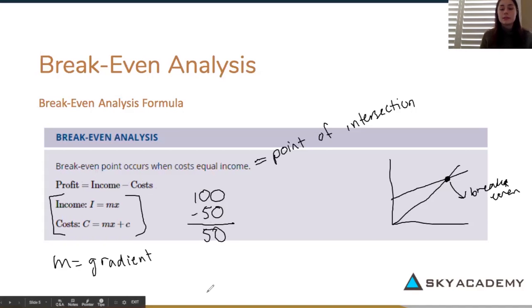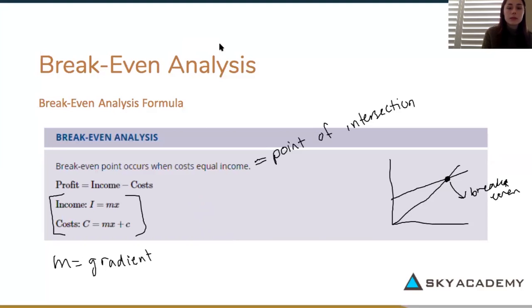So that's an example of income minus cost equals profit. We are now going to have a look at some examples.